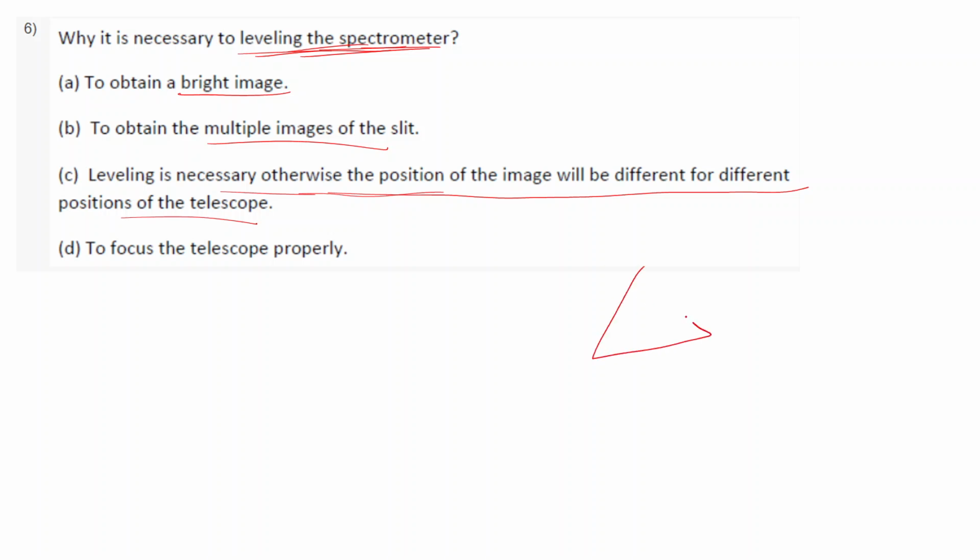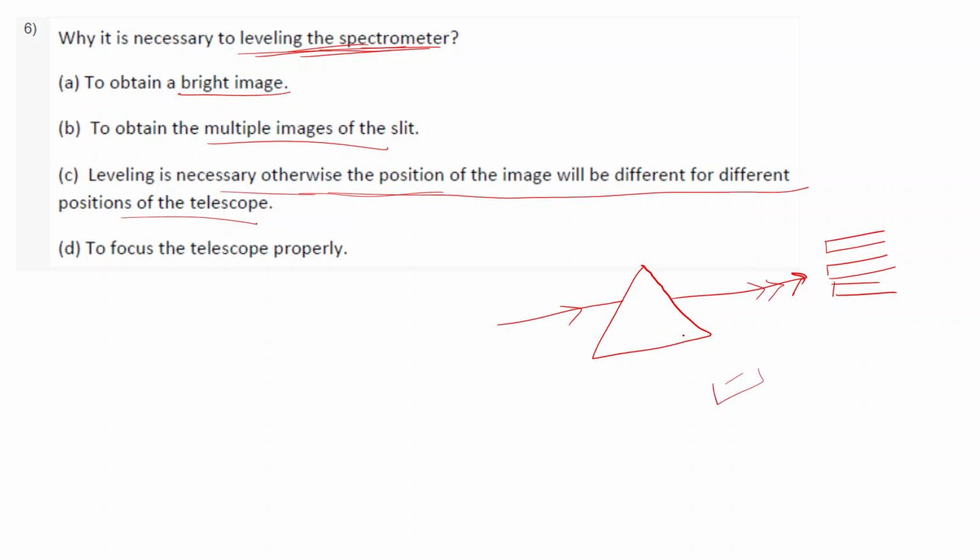Like if I keep this angle here and my incident light is coming like this and emergent light is coming in this direction, then if my telescope is kept here, I would not see the brightest light, I'll see a little dull. When it's here again, I'll see dull. So when I keep it exactly in front of this emergent light, then I'll see the maximum intensity of this light, and I'll get to know this is the correct direction of the emergent light, and then I can take the angle reading from the vernier scale.